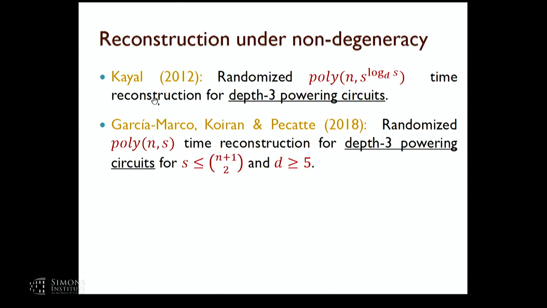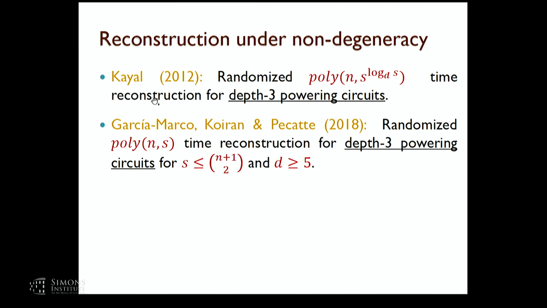There are a few reconstruction algorithms known assuming a non-degeneracy condition. There are a couple for depth three powering circuits or symmetric tensors, one by Neeraj, the other by Garcia Marco, Pascal, and Pecate. So the second one, which is more recent, is better than the first one in the regime when d is much smaller than s.